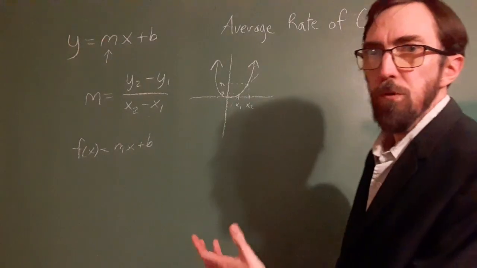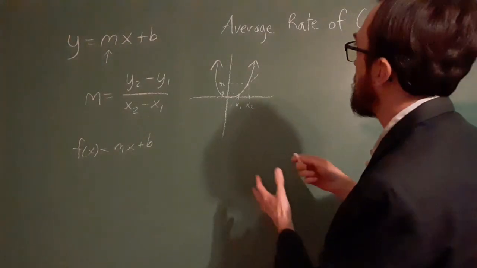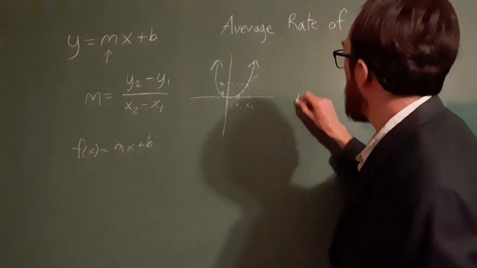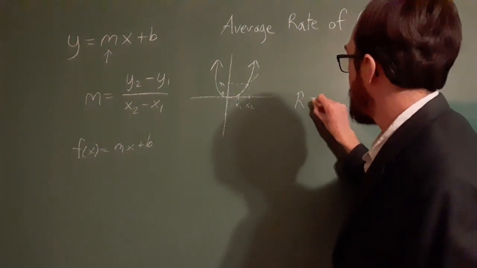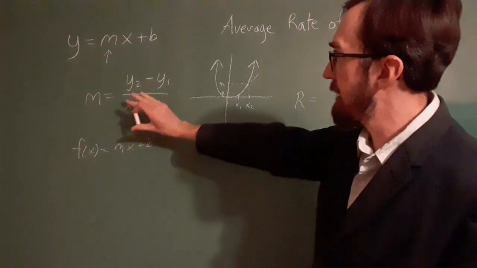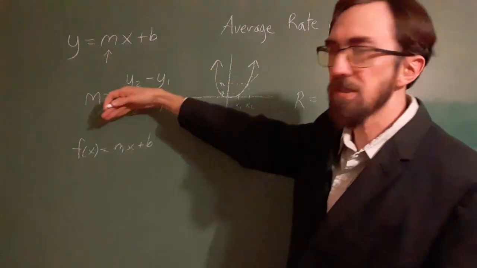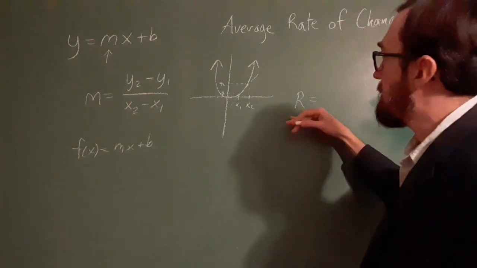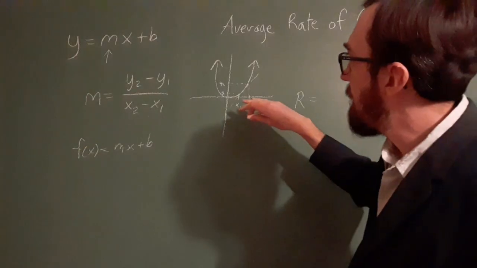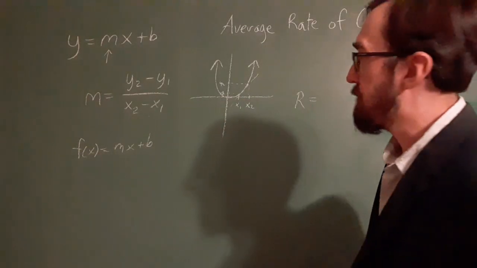Well, that's exactly what we're going to do as we look at the rate of change formula. Instead of m, I'm going to put a capital R here, because now it's not exactly this, because this is a constant and this is an average over these points.